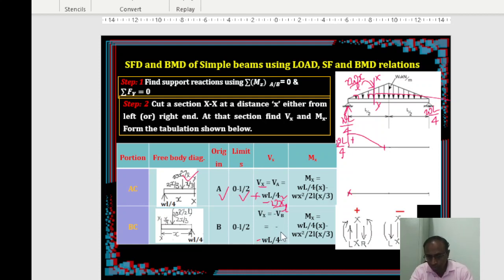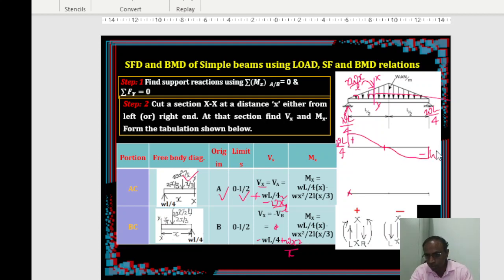Minus WL by 4 and the same term, but with positive sign, WX square by L. As I told you, it is like a mirror image. Here also put the lower and upper limits. You don't even have to write it, because it is a symmetric loading, you can replicate it on the other side. So from 0 to this value it is minus, because this side is plus. You can join that.